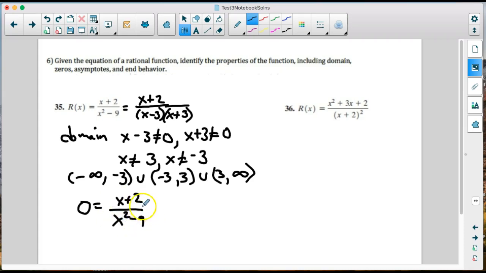If we multiply through by the denominator, this side will reduce out, and this side is still going to be 0, because you have 0 times that.